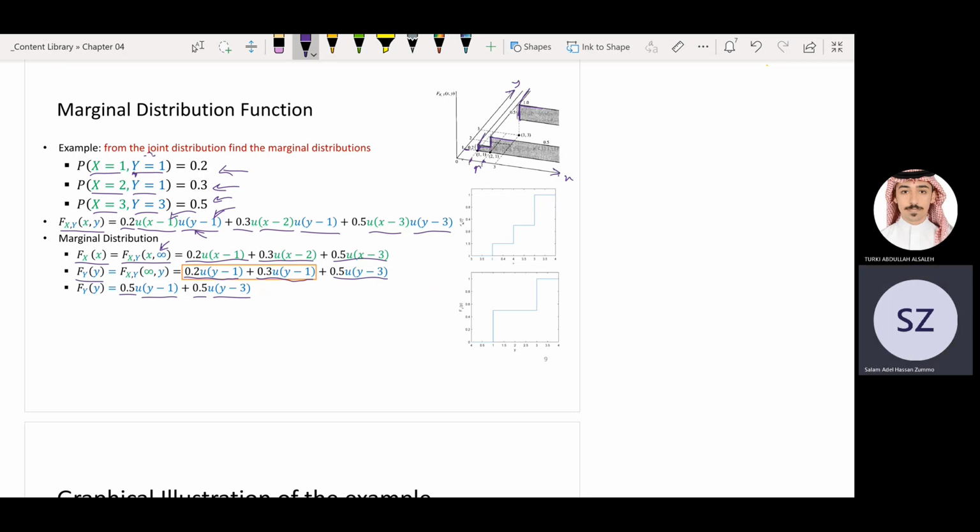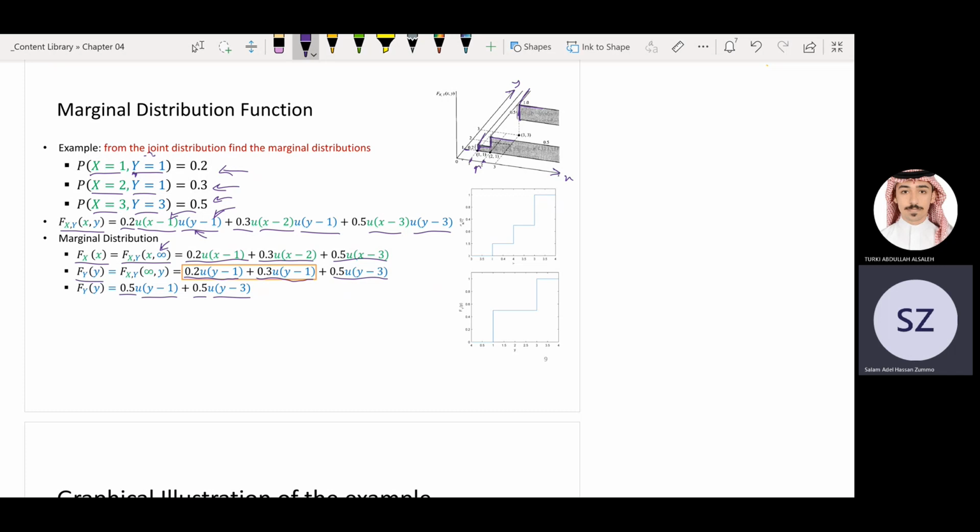Before y equal 1, what is the value of fy of y? 0, because y cannot take any value less than 1. Now when I reach 1, what is the probability that y is less than or equal to 1, which is fy of y? 0.5, because we have here y equal 1 and y equal 1. We add them together. I'm marginalizing x. Just ignoring x. Okay?